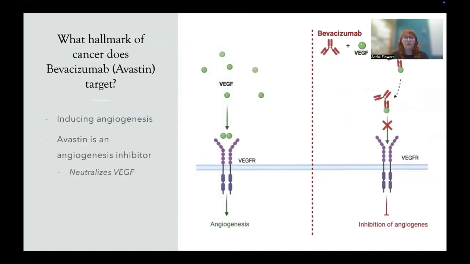What hallmark of cancer does bevacizumab, also called Avastin, target? We chose to focus on how Avastin is used to treat non-squamous non-small cell lung cancer. Avastin is a targeted therapy called an angiogenesis inhibitor. It targets the protein VEGF, which stands for vascular endothelial growth factor, by neutralizing it.